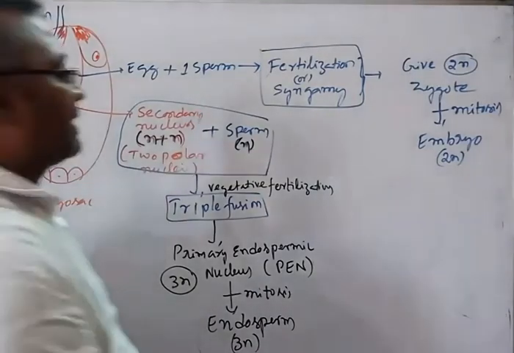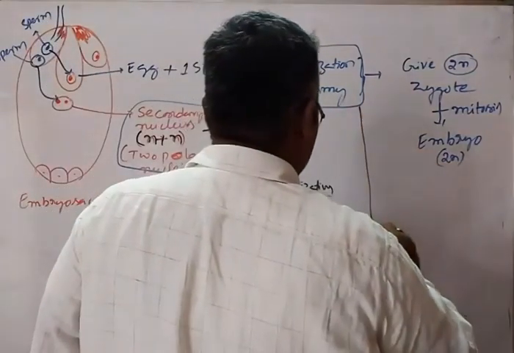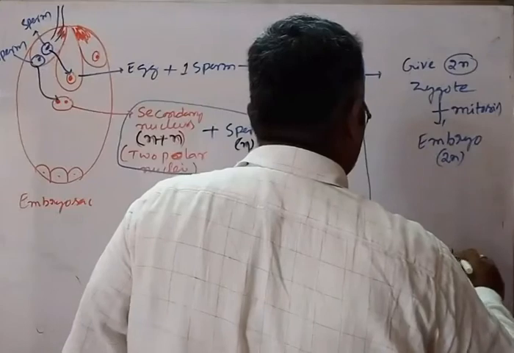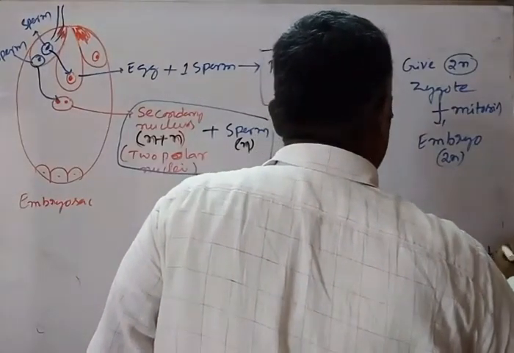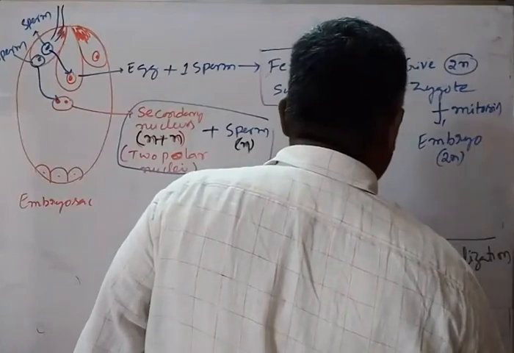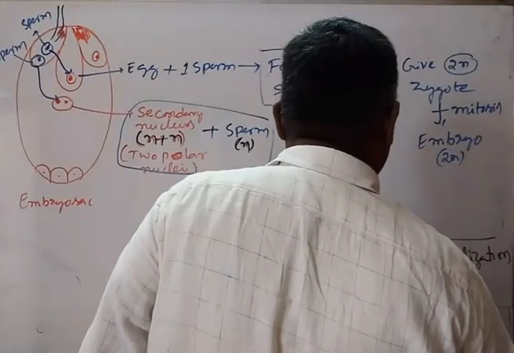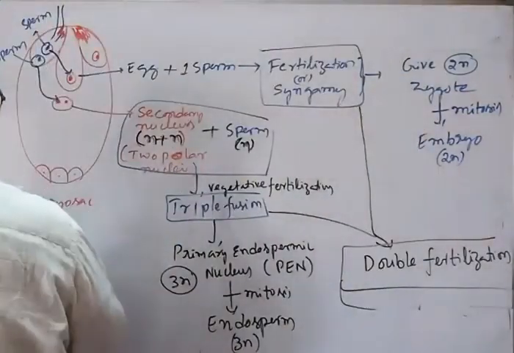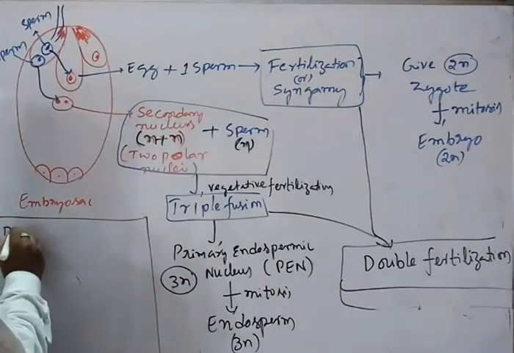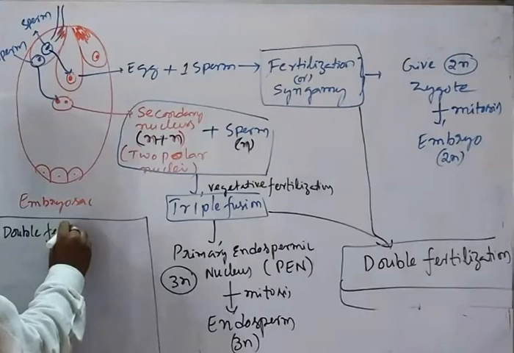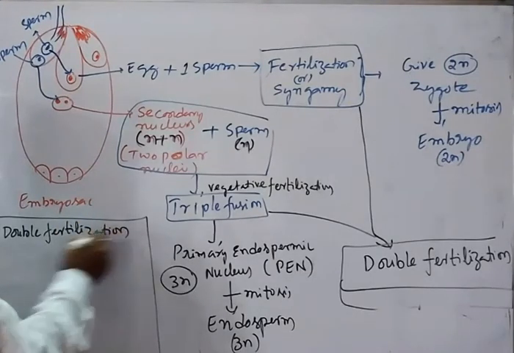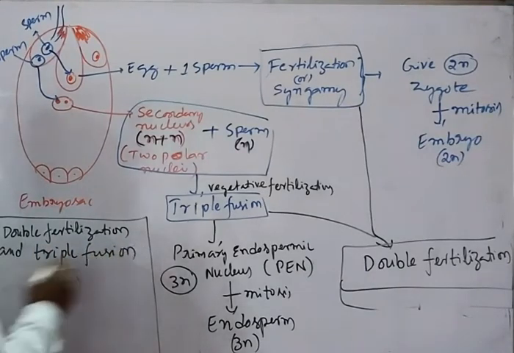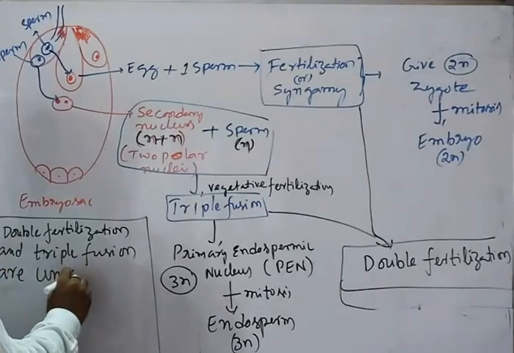So how many times has fertilization occurred? As fertilization occurred twice, this phenomenon is called double fertilization. Double fertilization, triple fusion. This double fertilization and triple fusion are unique to angiosperms.